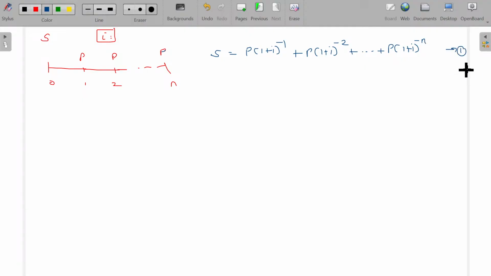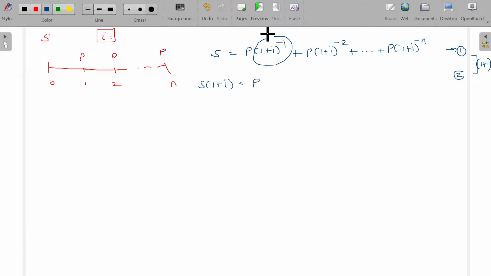As usual, we will arrive at equation number 2 by multiplying with (1 plus i) on both sides. So S into (1 plus i) is equal to, what happens? P into (1 plus i) to the power minus 1 plus 1. Minus 1 plus 1 becomes 0, and anything to the power 0 has the value only 1.